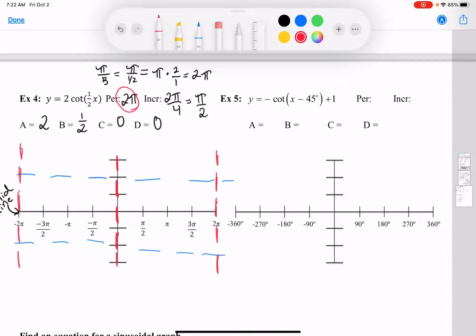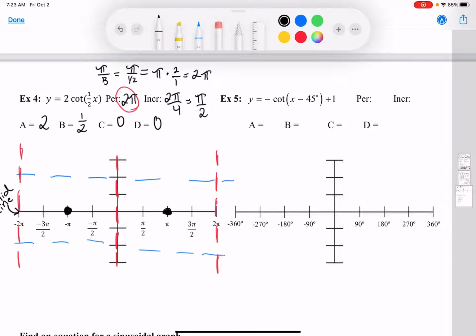Alrighty. And then now I can go ahead and start plotting some points. And so I know that my middle point's going to be on the midline, directly smack dab in the middle of these two asymptotes. And then for cotangent, we don't go up as we move from left to right, we go down.